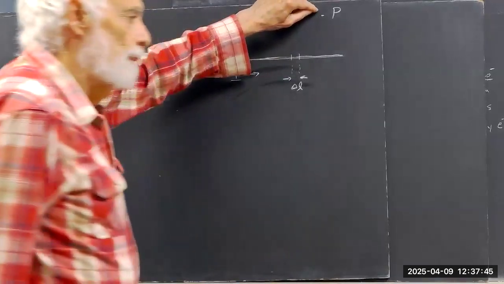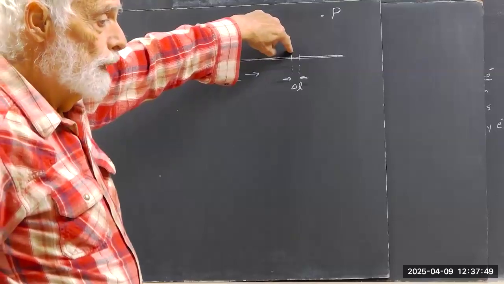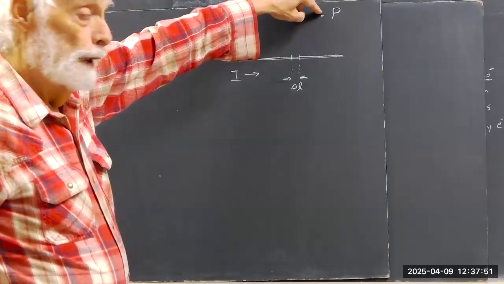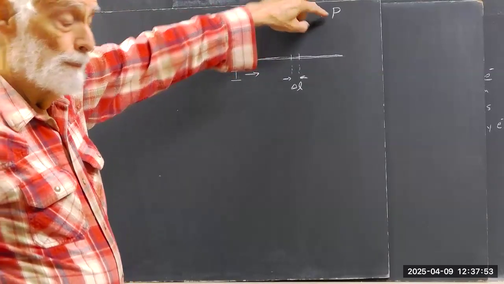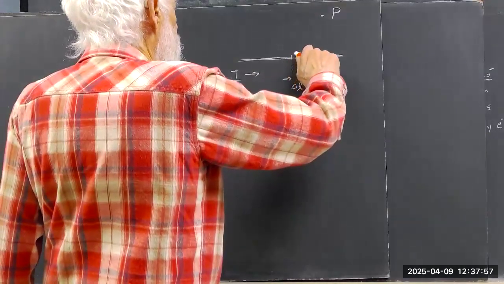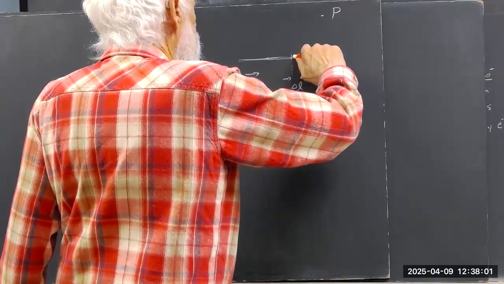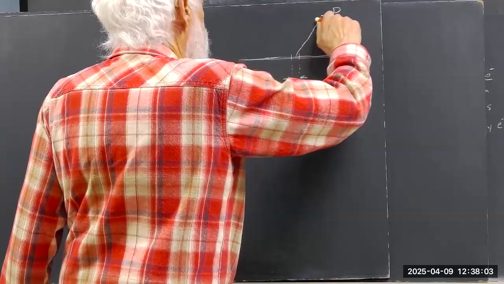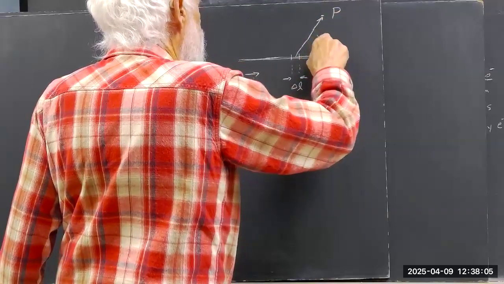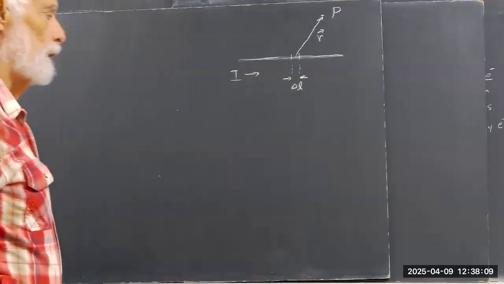And we've got a point out here. The current in this segment produces a magnetic field at this point. You take your sample point, and I'm not even going to label it, and you've got your R vector.